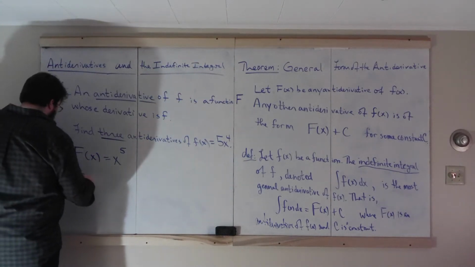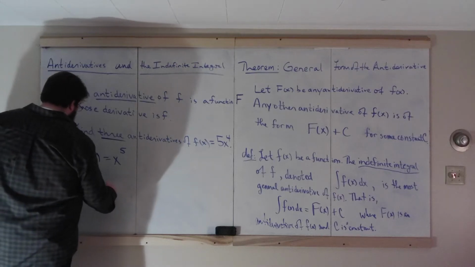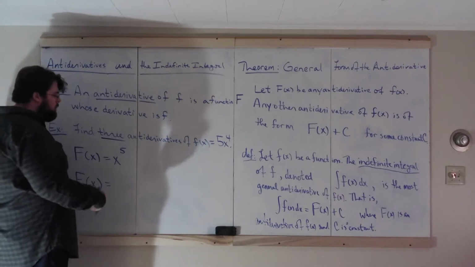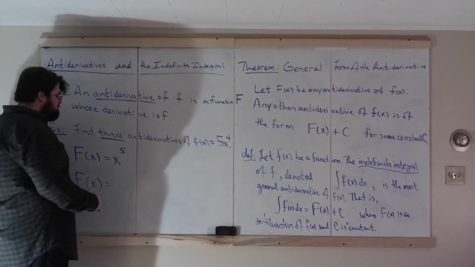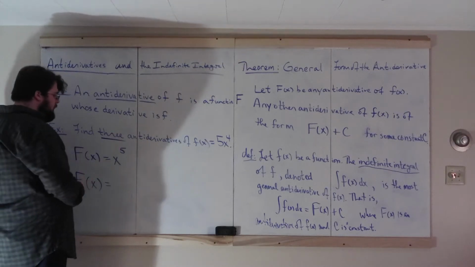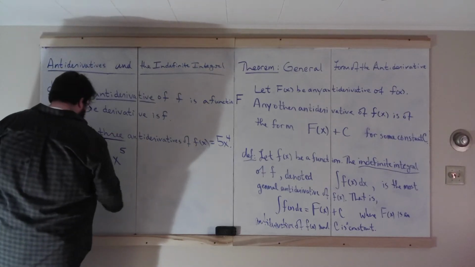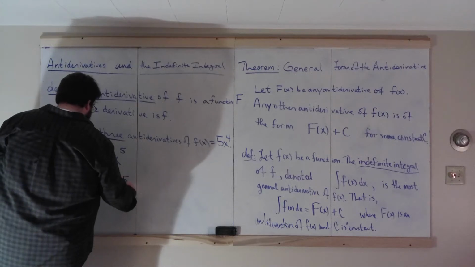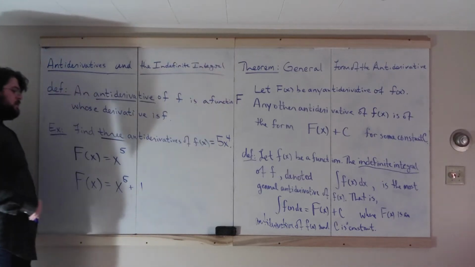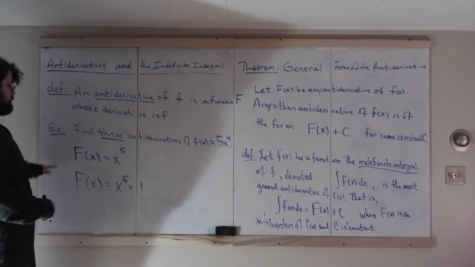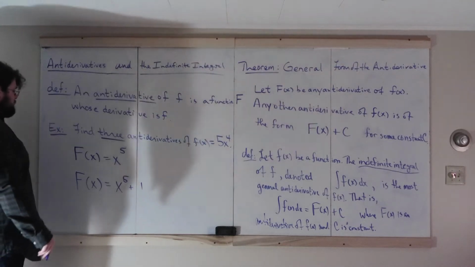Well, what if we take x to the sixth? That's not going to work. What if we take e to the x, or pi x? Not going to work. What if we take x to the fifth plus 1? The derivative of that is also 5x to the fourth.